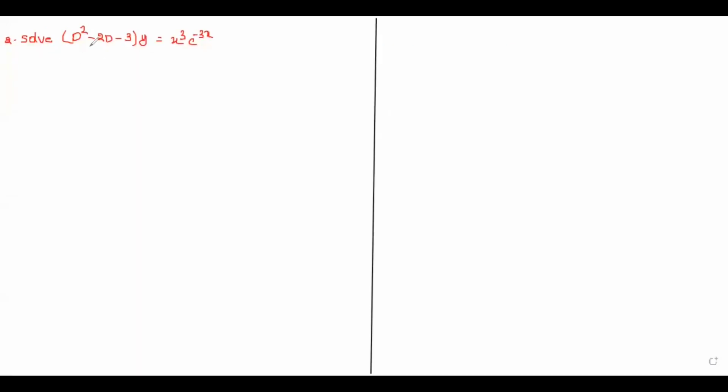So next problem, solve D square minus 2D minus 3 into y is equal to x cube e power minus 3x.